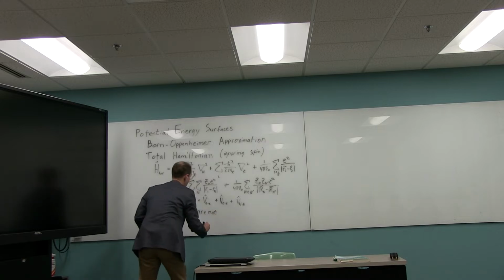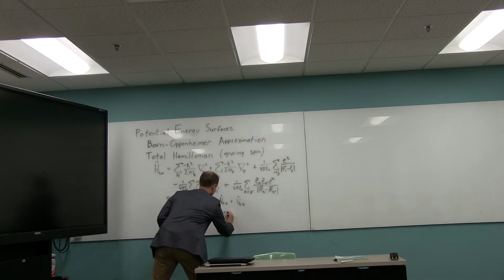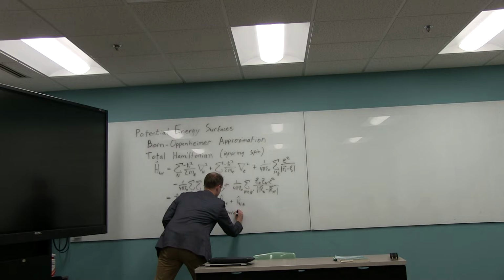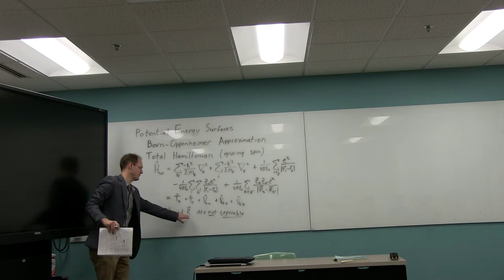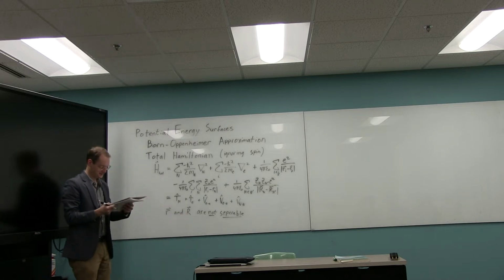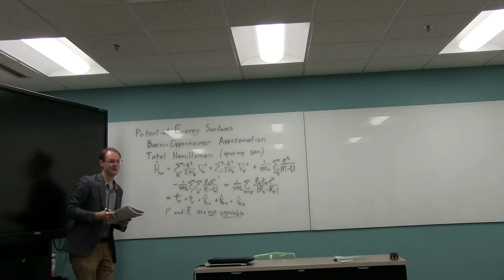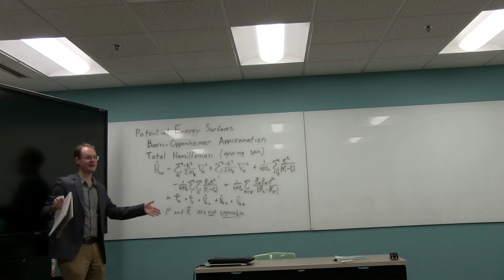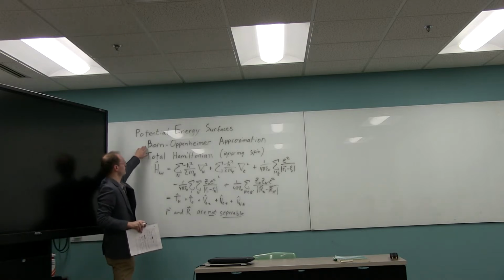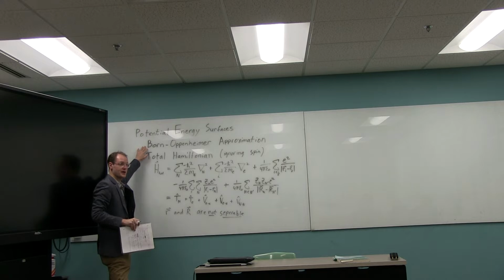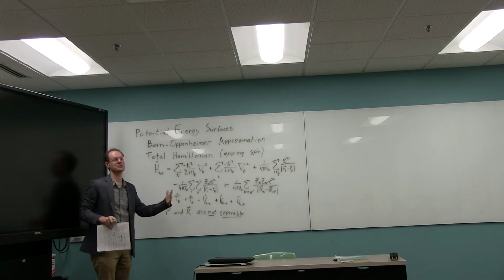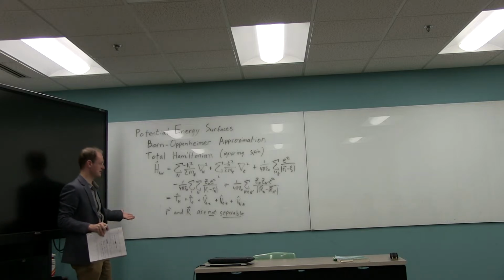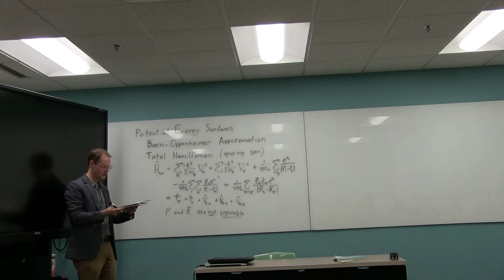In other words, you cannot write the wave function as a product of a function of little r times a function of big R. But like we've said, the nuclei are moving much slower than the electrons, and so maybe we can find an approximation where they're approximately separable. And that's the approach of the Born-Oppenheimer approximation.